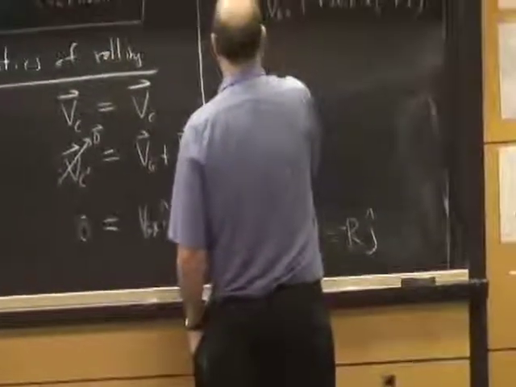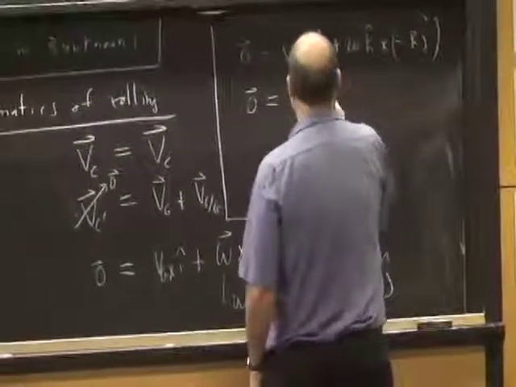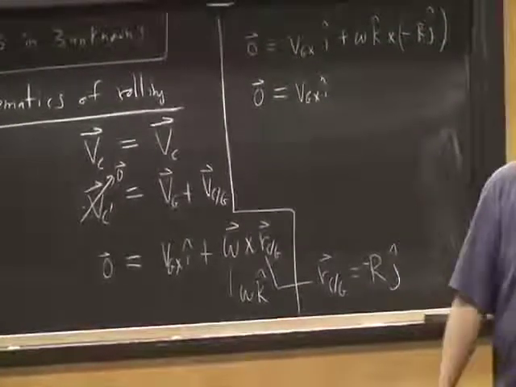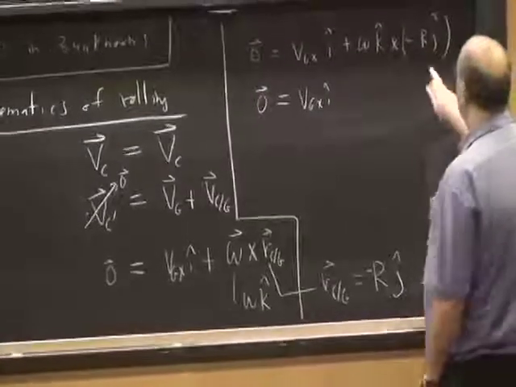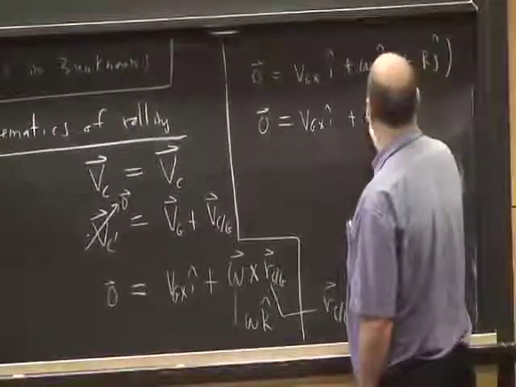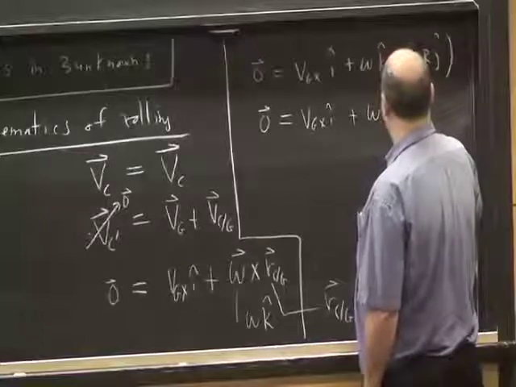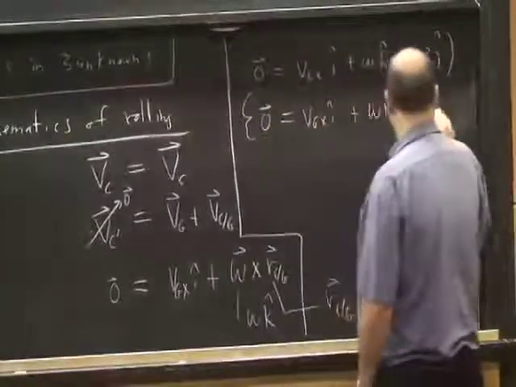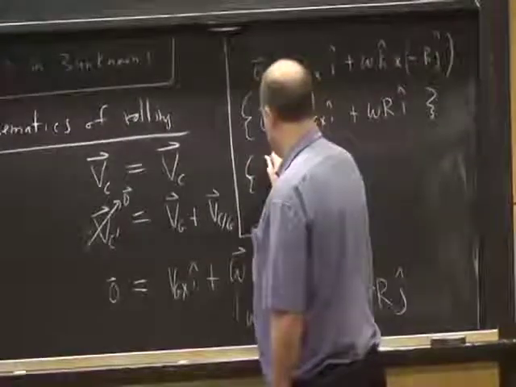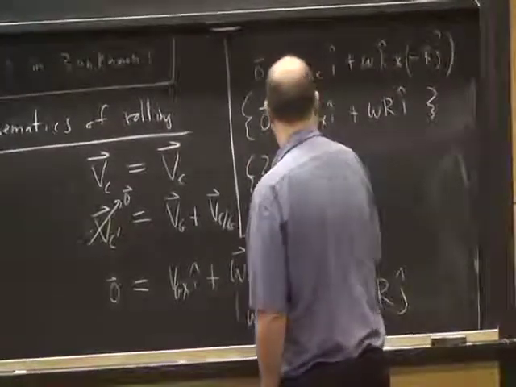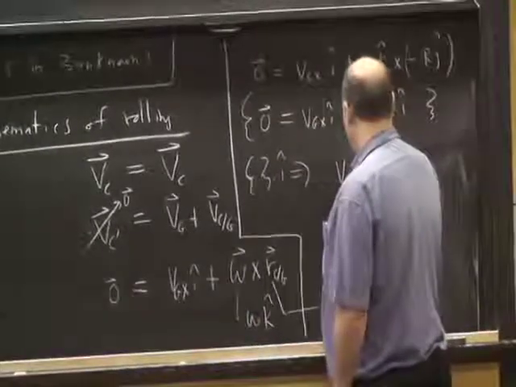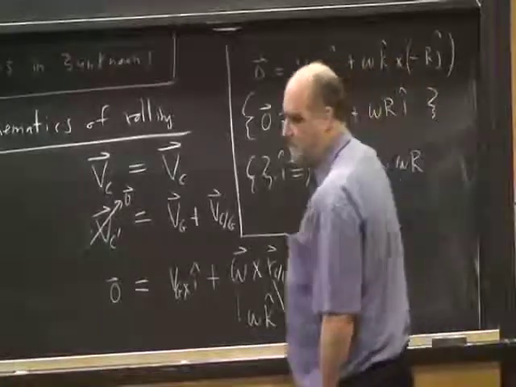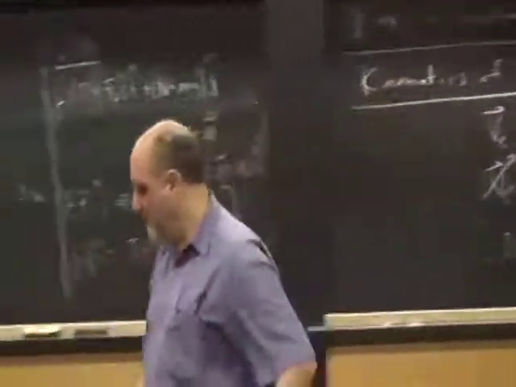Okay, now we can do these cross products. Here's vgx i. This is k crossed with j. k crossed with j is minus i. But we already have a minus here, so this turns into plus omega R i. Now we take this equation and dot both sides with i. And it tells us that vgx is equal to minus omega R. Okay, let's see if that makes sense.